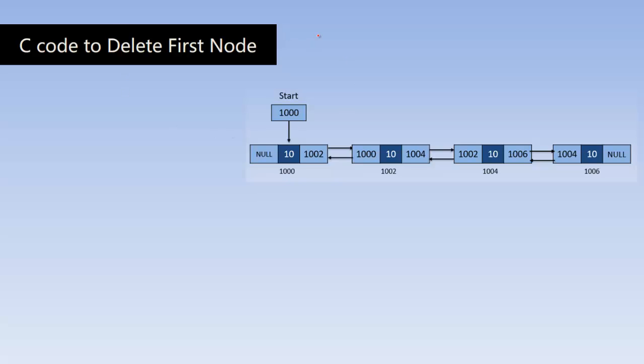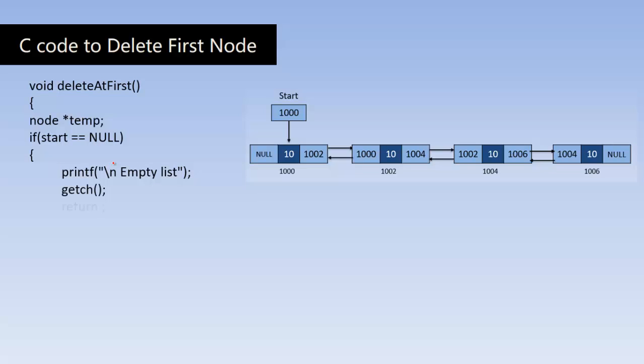Okay, so how to delete the first node? First I'll make use of the temporary node. If start equals null, then empty list, right? Else, if there are nodes, how to delete the first node among those nodes?